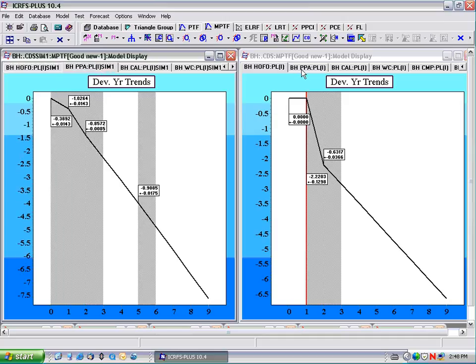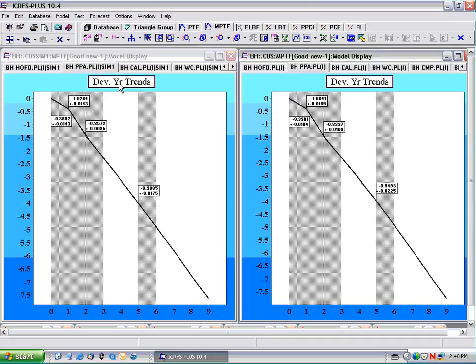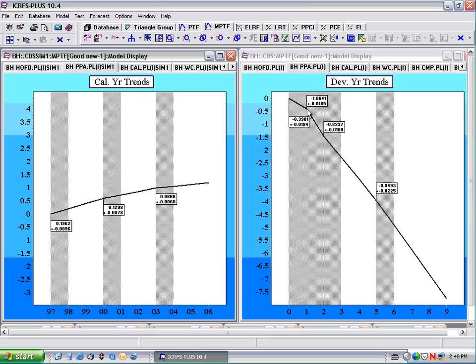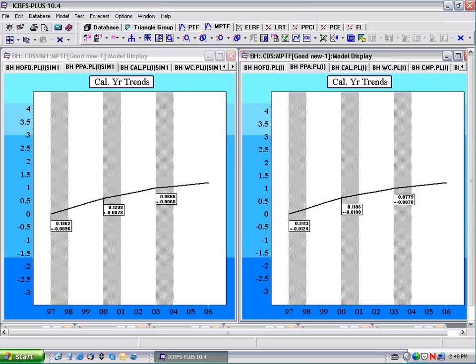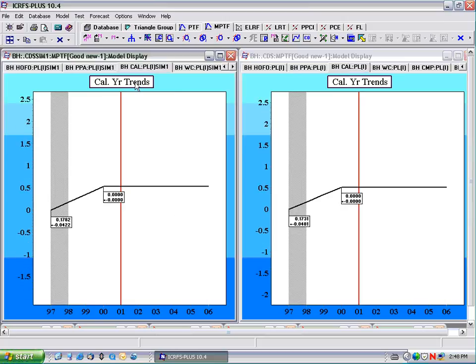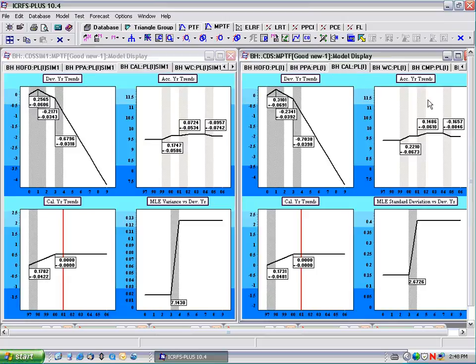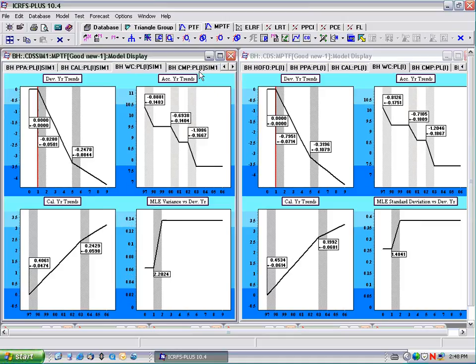PPA, PPA. Let's now check the calendar year trends. Okay, Cal, very similar trend structure, workers' comp, and so on.